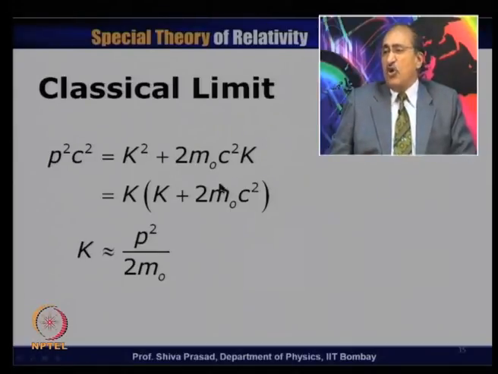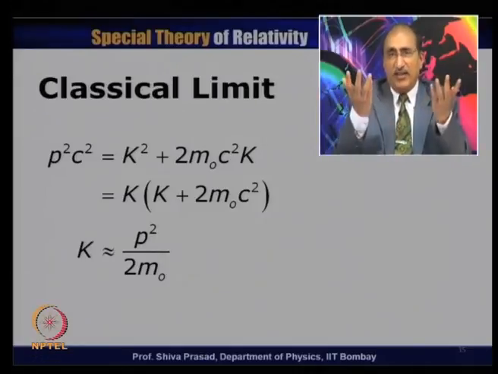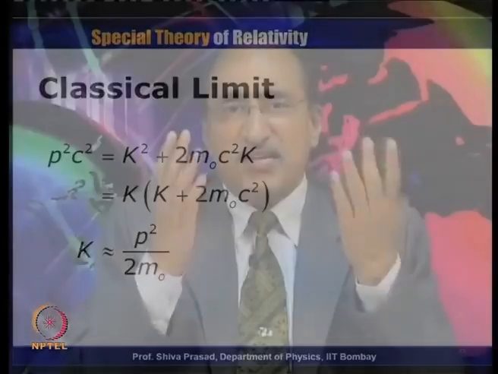In terms of energy, so long as the kinetic energy of the particle is much smaller in comparison to the rest mass energy of the particle, I can apply classical mechanics. For example, if I am talking of the hydrogen atom, where the particle has an energy of the order of 13 electron volt, we realize that its rest mass energy is half MeV, then of course I can apply classical mechanics.